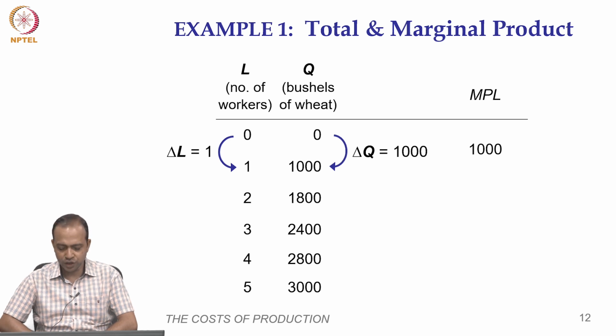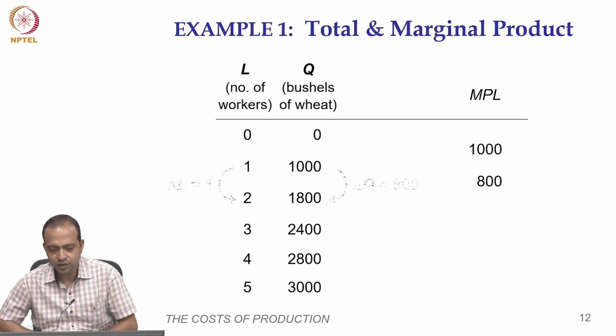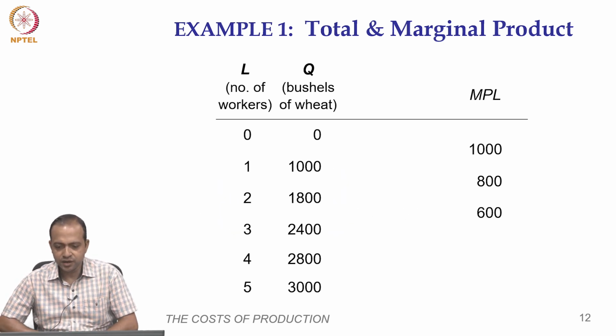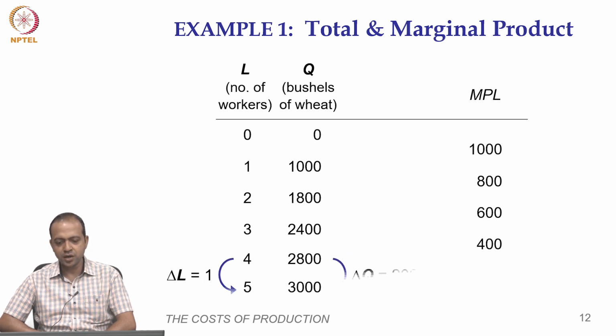So, marginal product is 1000. After that, marginal product is 800, then 600. So, marginal product is continuously falling, because our assumption is that labor exhibits diminishing marginal return. Diminishing marginal product explains the slope or shape of the total product curve.